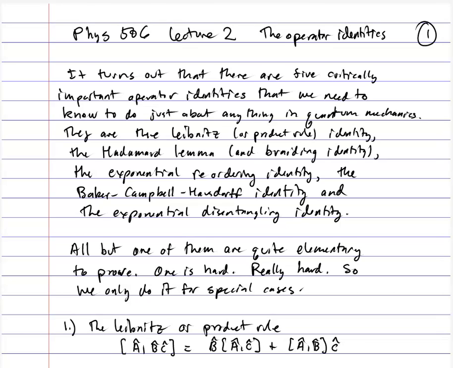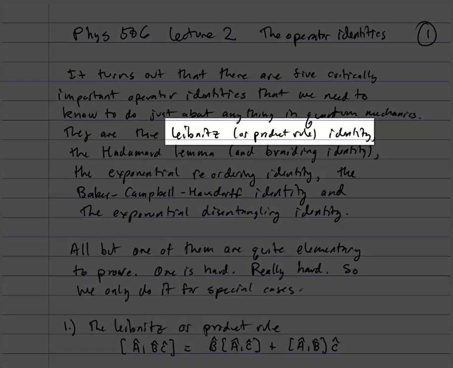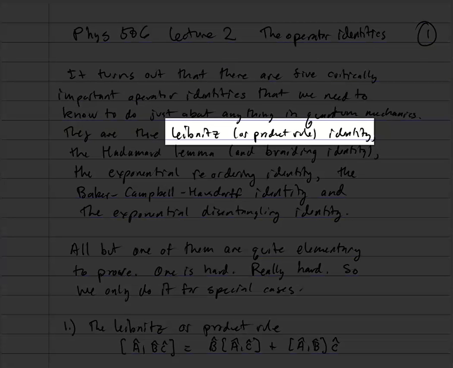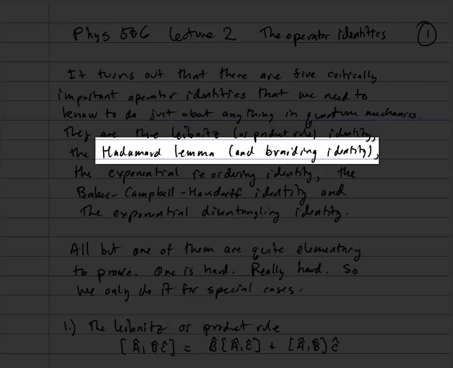In this lecture, we're going to tell you about the 5 critical operator identities that you need to use to do just about everything in quantum mechanics. And some of these operators are relatively easy to derive, like the Leibniz rule, which is the product rule for commutators, and the Hadamard lemma.